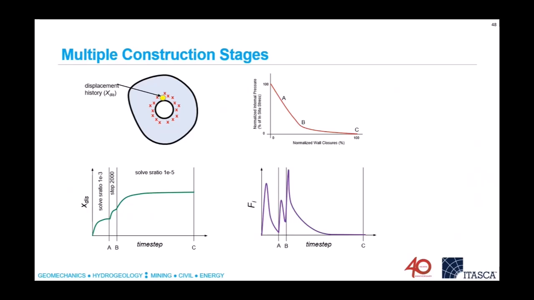And sometimes in intermediate stages, you don't even need to wait until it fully goes to zero. In realistic engineering models, it's quite often acceptable to stop a bit prematurely, because you will do another excavation and you will equilibrate the final stage. So it's important to equilibrate the final stage.